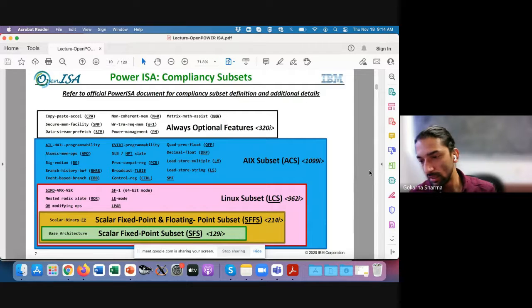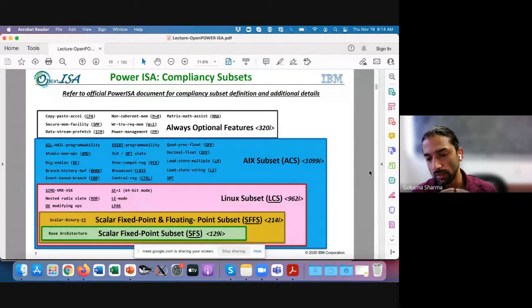So scalar fixed point, I think it's computation related. For example, you have some instructions that just deal with integers. Okay, so some deal with scalar values, integers, and some deal with other values.